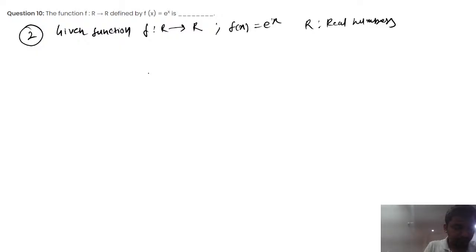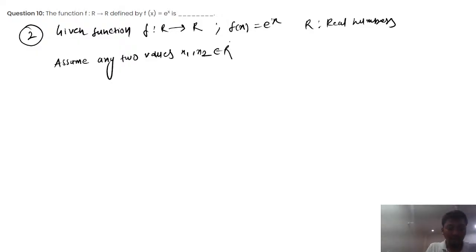Can we assume any two values from the set of real numbers, suppose x1 comma x2, which belong to R, such that f(x1) equals f(x2), है ना?